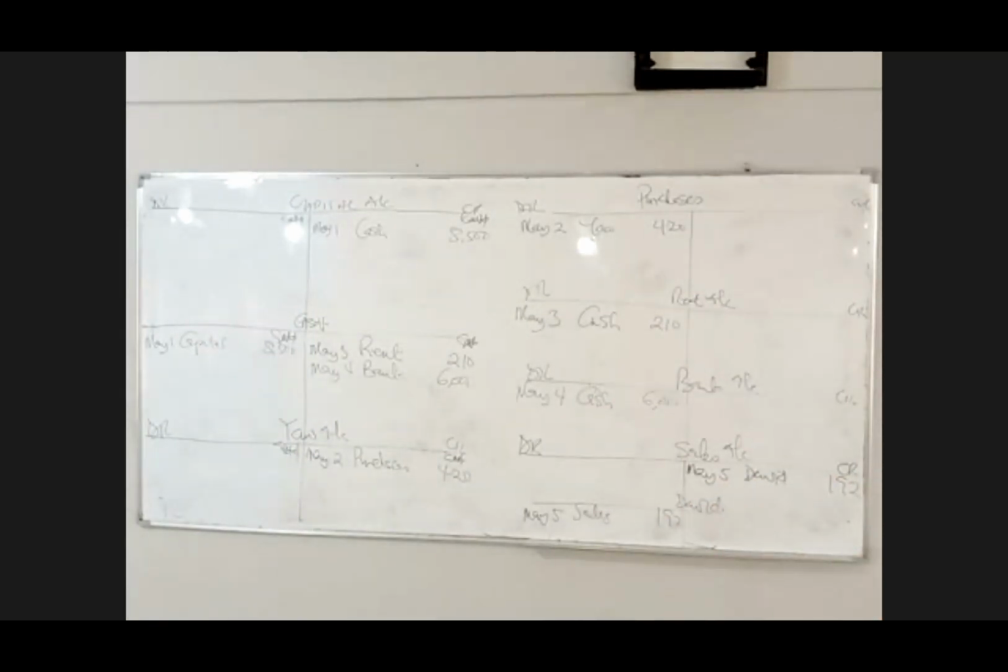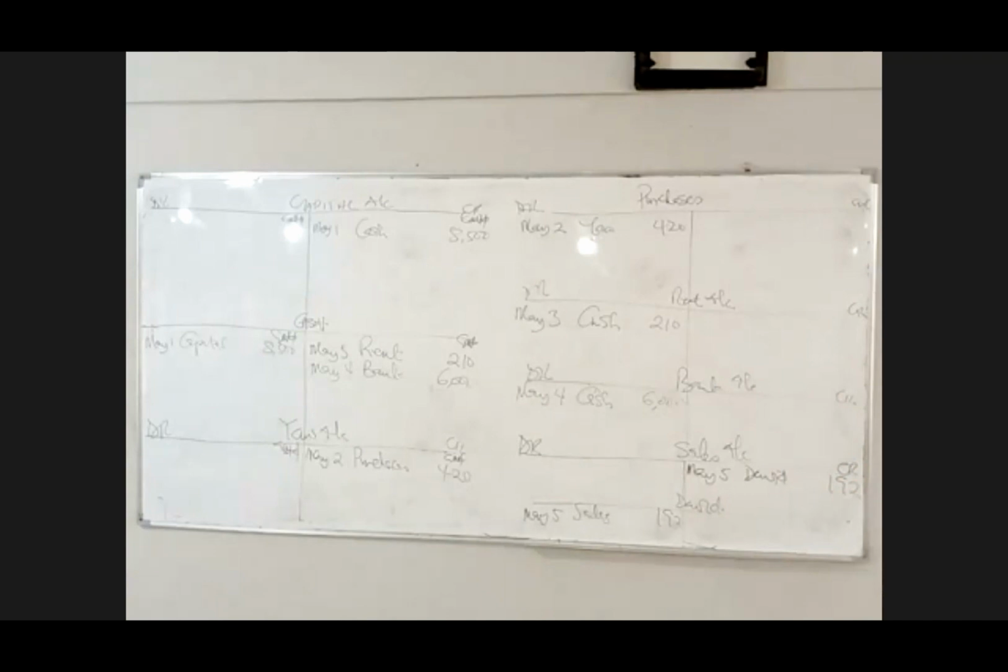So do you understand the whole? When you say bought stationery, it is different from bought goods. When you say cash sales, what are the accounts involved here? Cash and sales. These are the two major accounts involved.